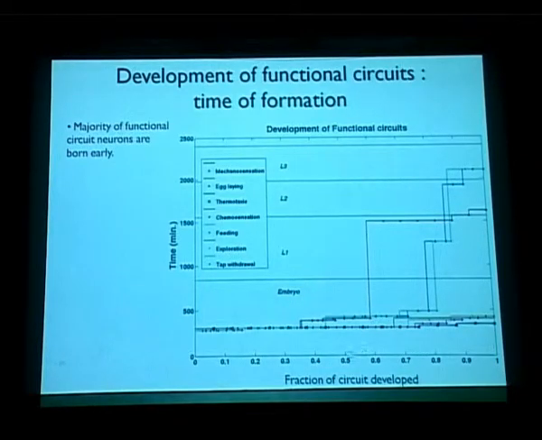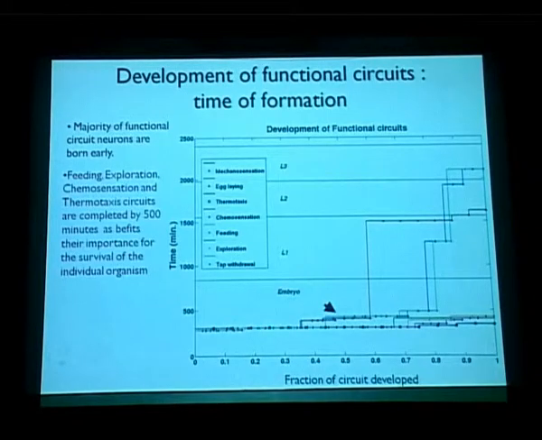This is again expected, because functional circuit neurons, by their definition, are of such fundamental importance, and expectedly feeding, exploration, chemosensation, thermotaxis are really important for the worm's survival, and therefore are almost fully complete in many instances before the organism is hatched out.